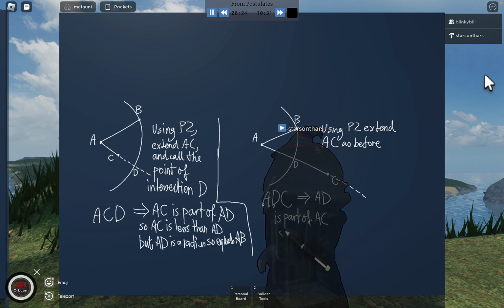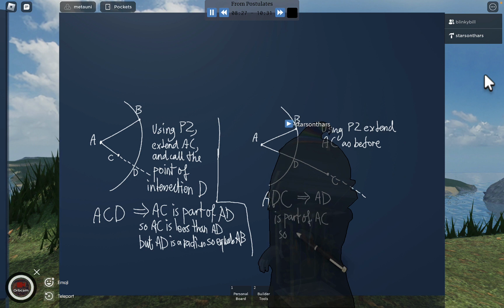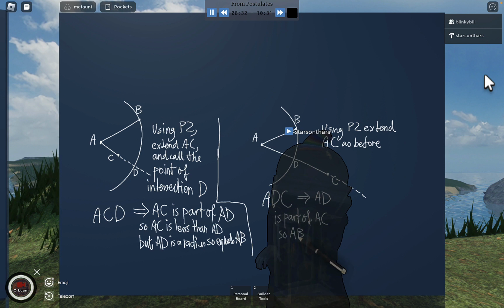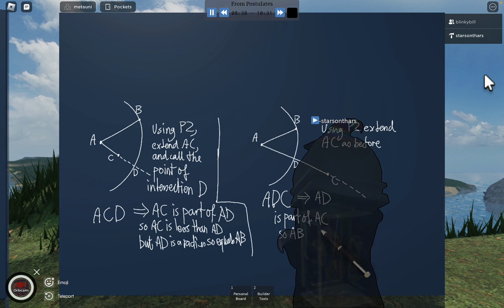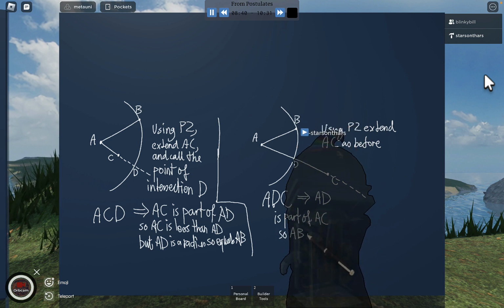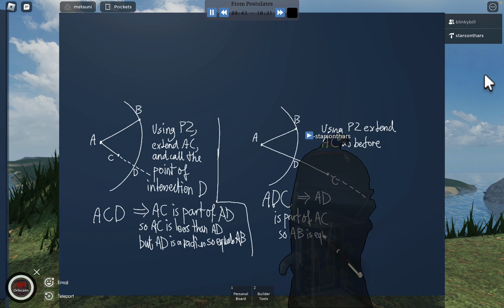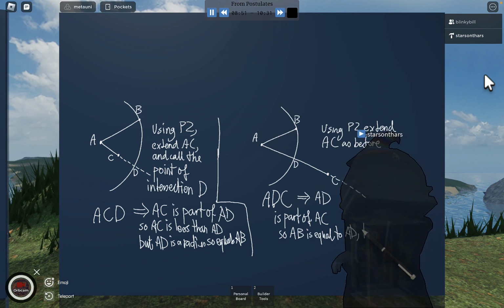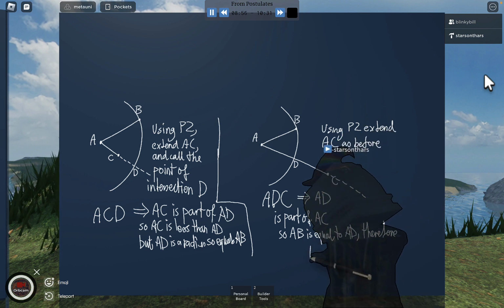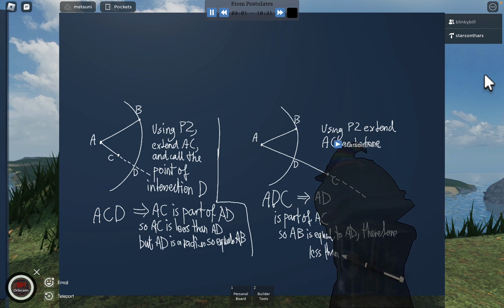So AD, which is equal to AB, they're both radii, equal in length, I mean. So AB, which is equal in length to AD, is part of AC. Well, AB is not part of AC. AB is equal to AD, therefore less than AC.